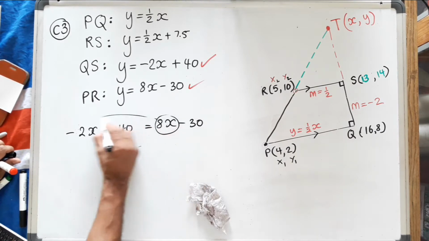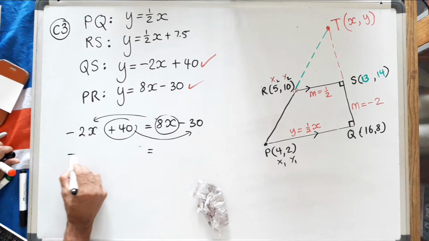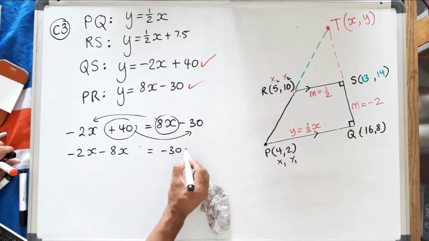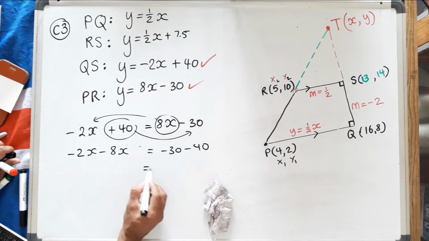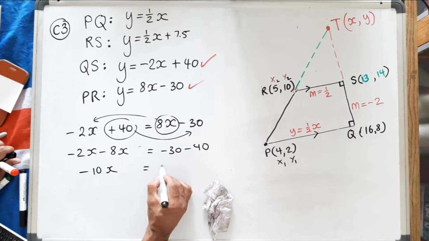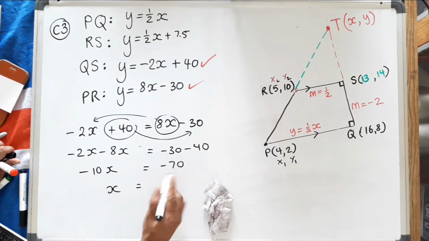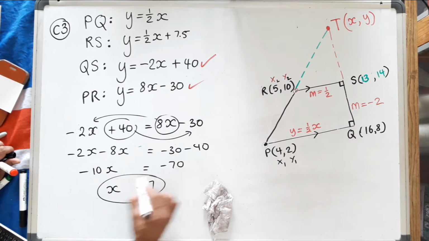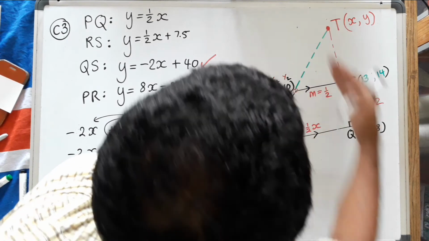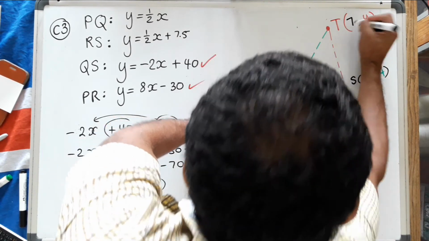Throw all the x's on one side, everything else on the other side. Minus 2x minus 8x is equal to minus 30 minus 40. That's correct? Yep. So you get minus 10x is equal to minus 70. Throw across the multiply to get divide. X will obviously be equal to 7. So the x coordinate of where these two graphs meet is x is equal to 7.